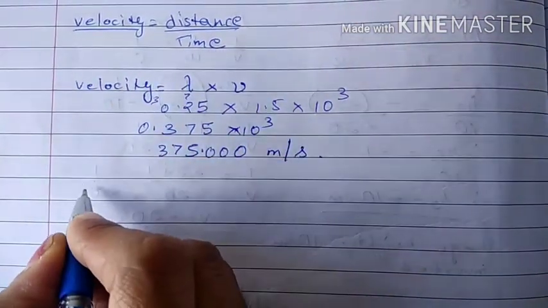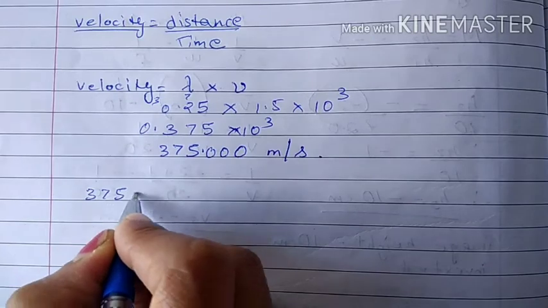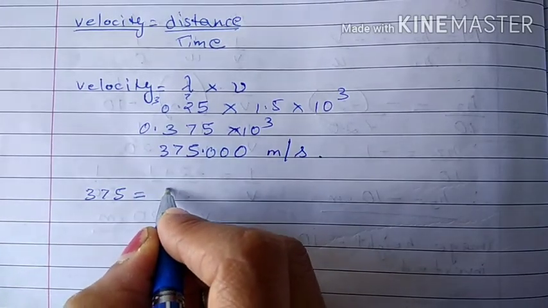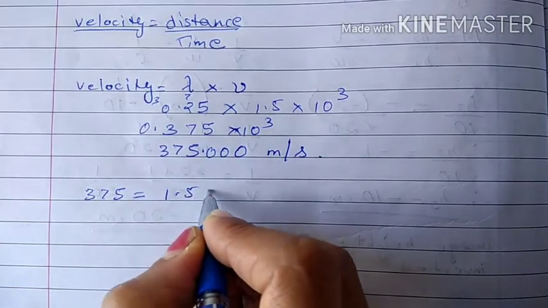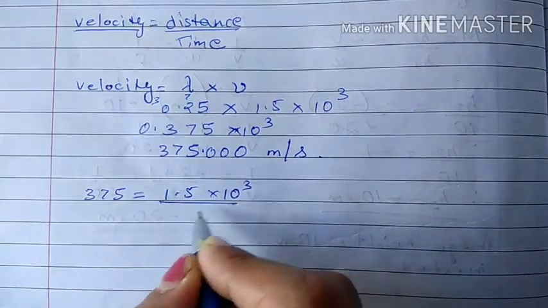So now let's substitute velocity in the earlier formula. So you have 375 is equal to, distance is 1.5 into 10 raised to 3 upon t.